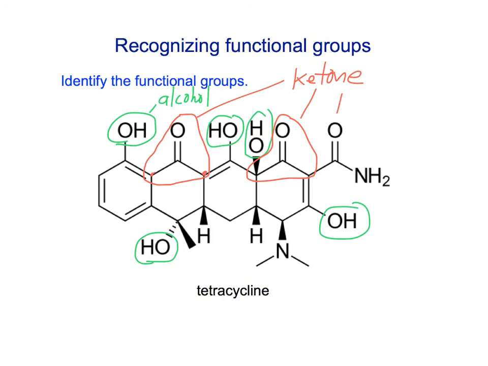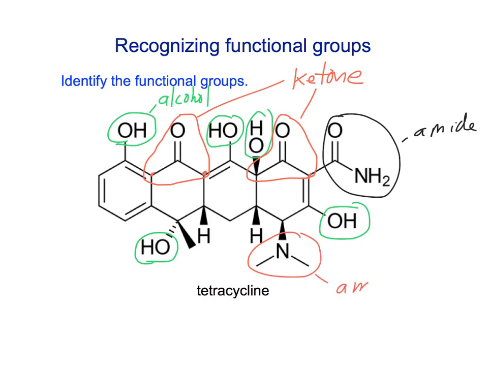No, that has one carbon attached, but the other side is actually a nitrogen. So instead of a ketone, this group is called an amide. All right, so what else do we have? What about this one down here? This is an amine.